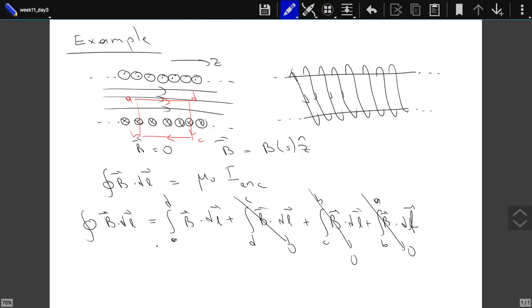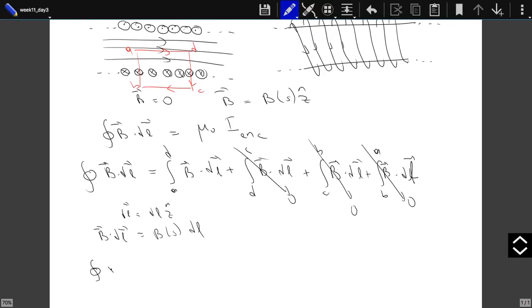Now, from A to D, my dl vector is in the z-hat direction. So dl is equal to its magnitude in the z-hat direction. Now, B dot dl from A to D is then Bs times dl. This integral I can write as the integral from A to B of Bs times dl. But you see this line is parallel to the central axis, so its distance from the central axis is constant.